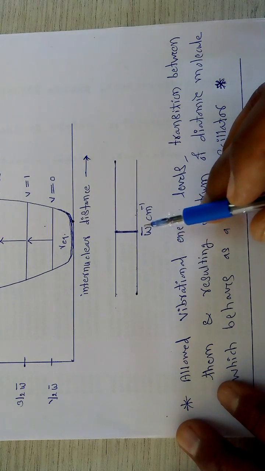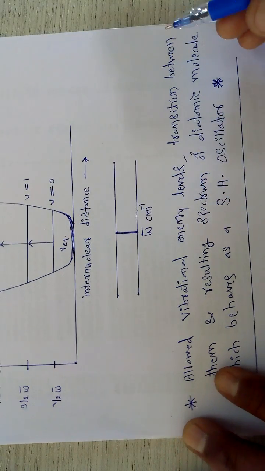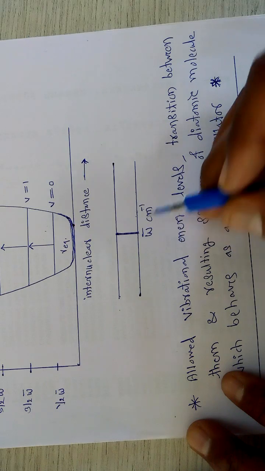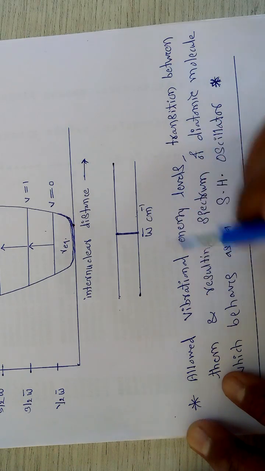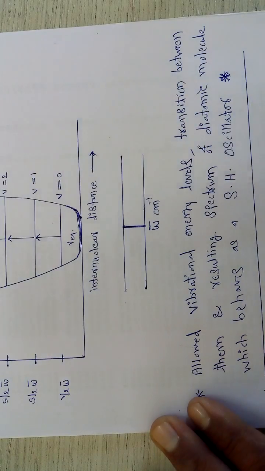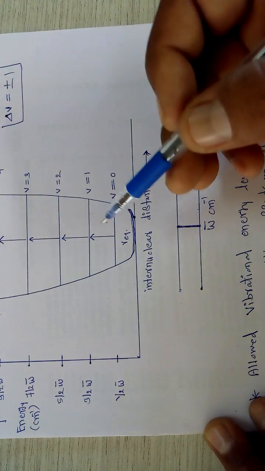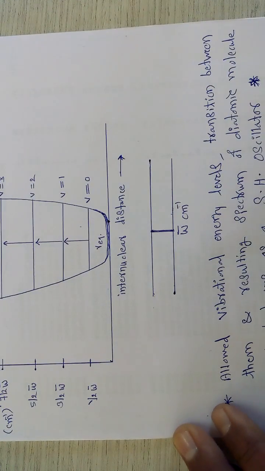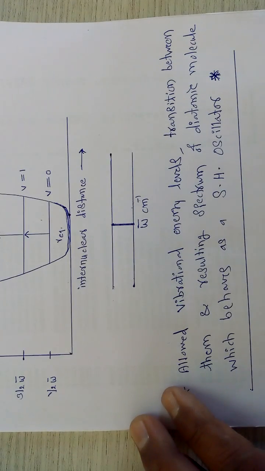These absorption lines have the frequency omega bar per centimeter, which is nothing but the fundamental vibrational frequency. So this figure includes the different allowed vibrational energy levels, their allowed transitions, as well as the spectrum for a diatomic molecule which behaves as a simple harmonic oscillator.